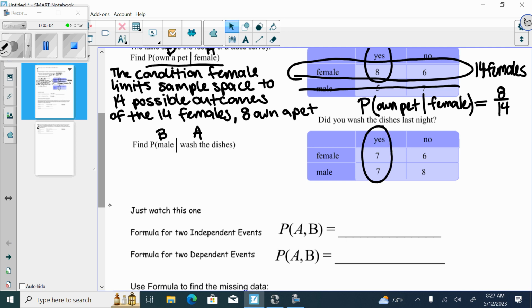So what is my sample size? 14. So my sample size is 14. The condition washing dishes told us that. So the condition wash dishes limits our sample size to 14.